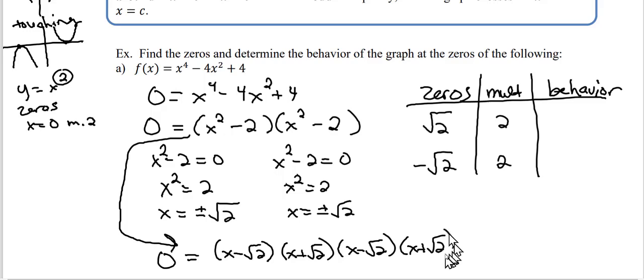I know we don't usually factor when we have irrational numbers like the square root of 2, but you can. The behavior is that it touches and turns around, right? Because these have even multiplicity. Both of these are going to have that picture.